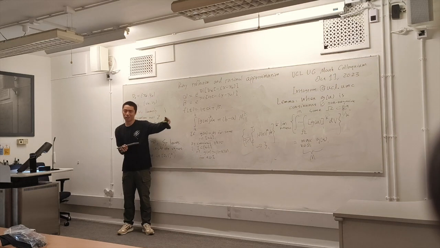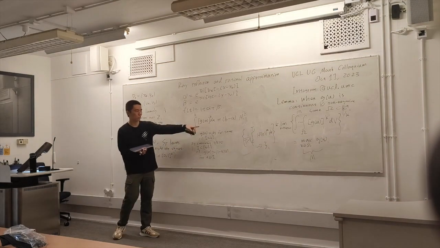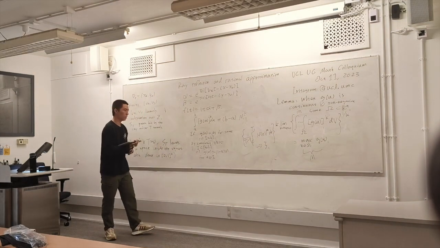If the function is large at a point, then the function is going to be large near the point. That's what happens when g is continuous.